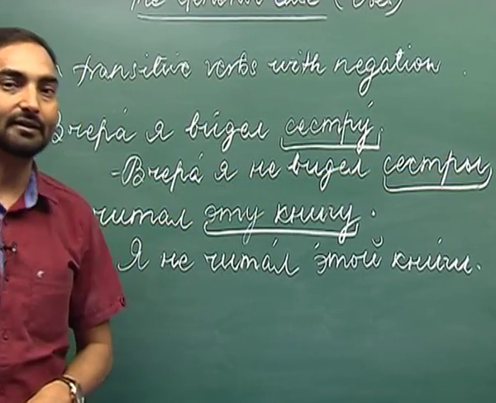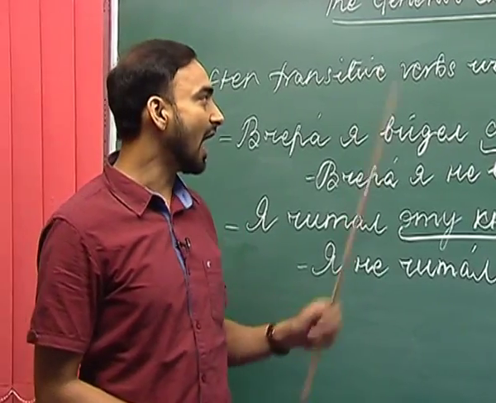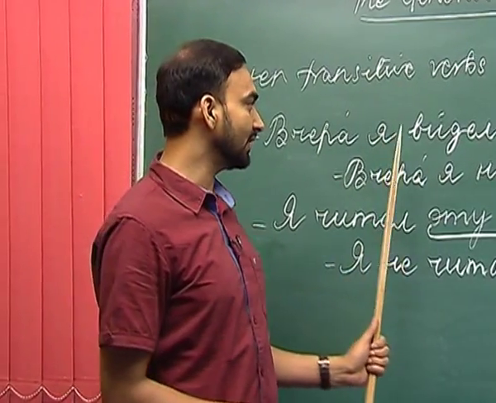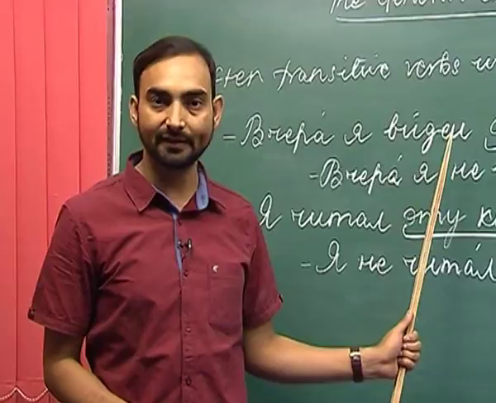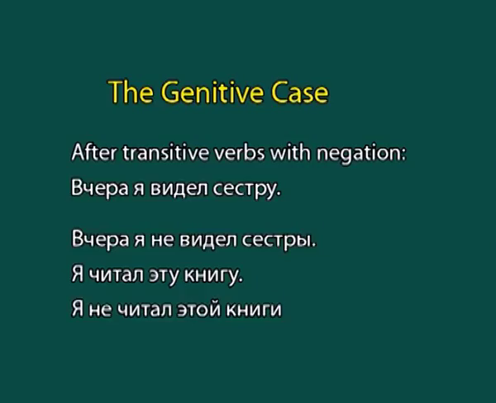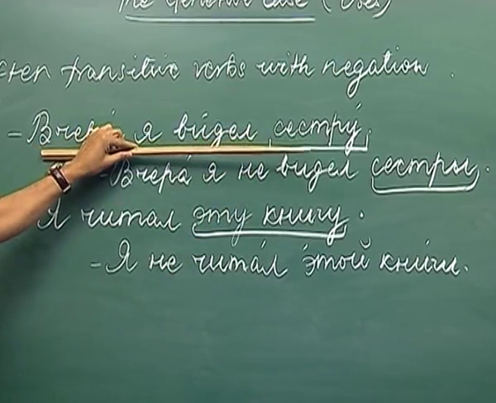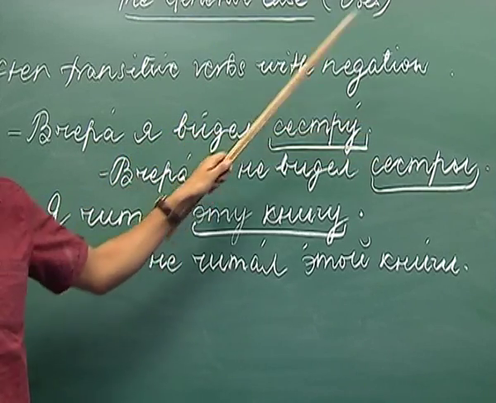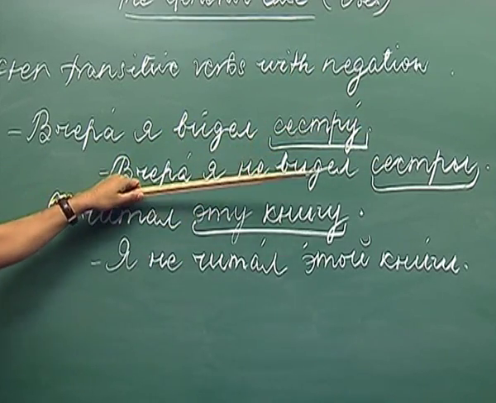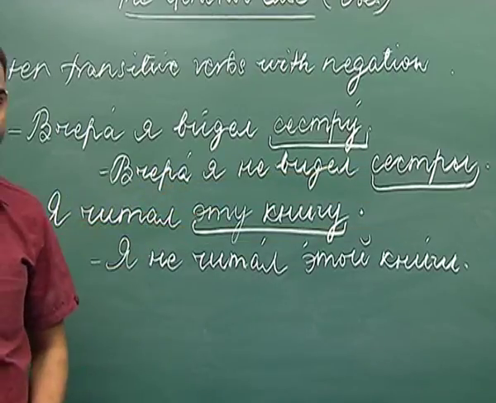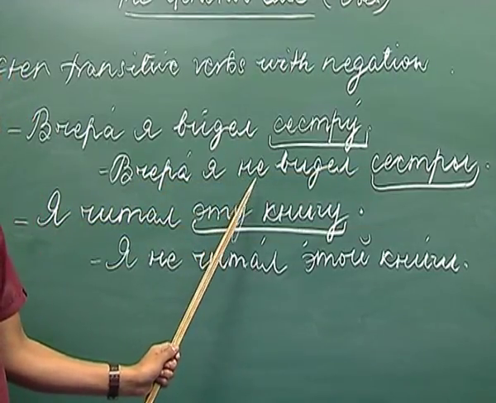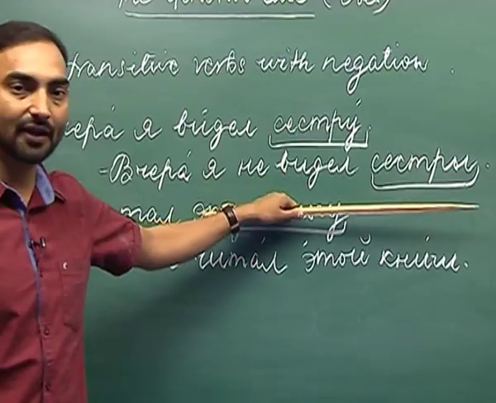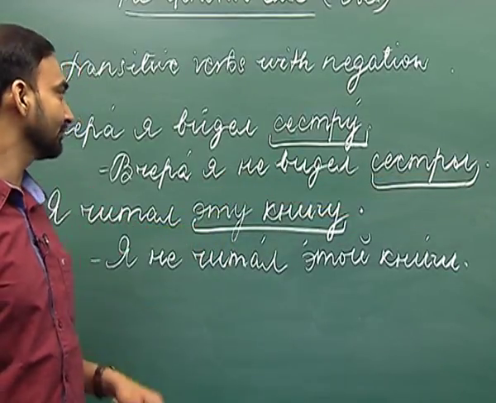Whenever there is negation after a transitive verb, here the transitive verb is видеть, which is to see, we use the genitive case of nouns. In an affirmative sentence, we use the accusative case to denote the direct object, but whenever we use the same transitive verb with negation, here не is there, we use the genitive case.